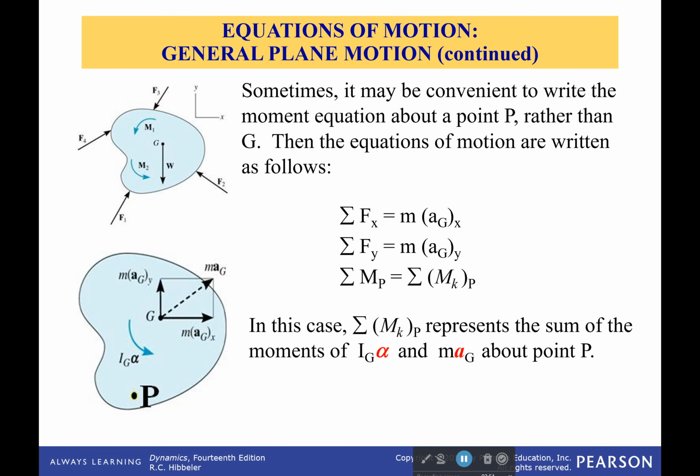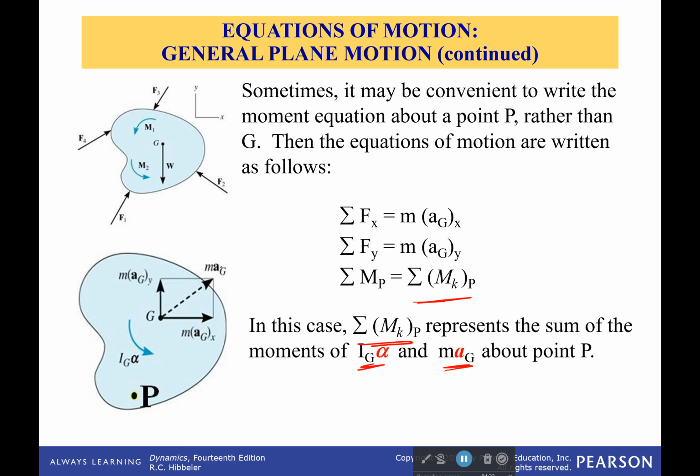Now, sometimes it might be convenient to write that moment equation about a point that is not the center of gravity. In that case, this second term right here is going to be the sum of the moments of our mass moment of inertia times the angular acceleration and the mass times the acceleration of the center of gravity around this point.